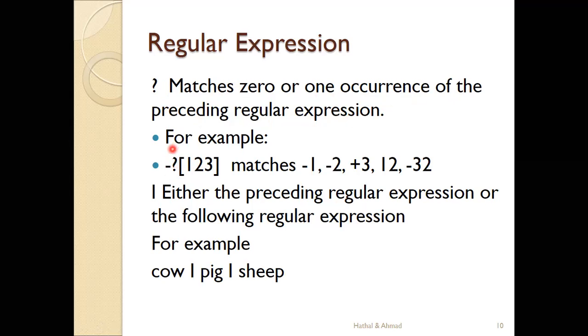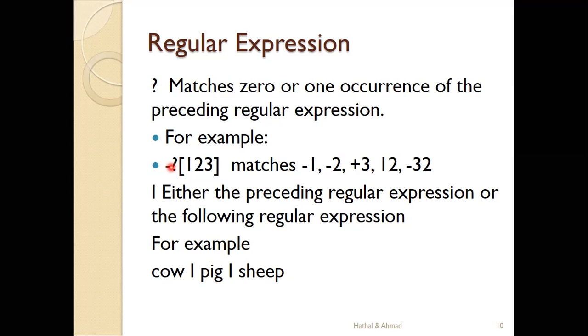So what the question mark operator says is that there can be one or zero occurrences of the preceding regular expression, here the minus. By using this operator, we can match either 1 or 0 occurrences of minus.